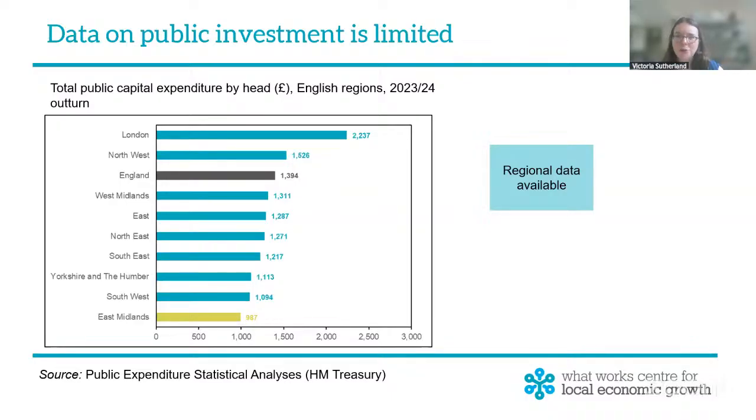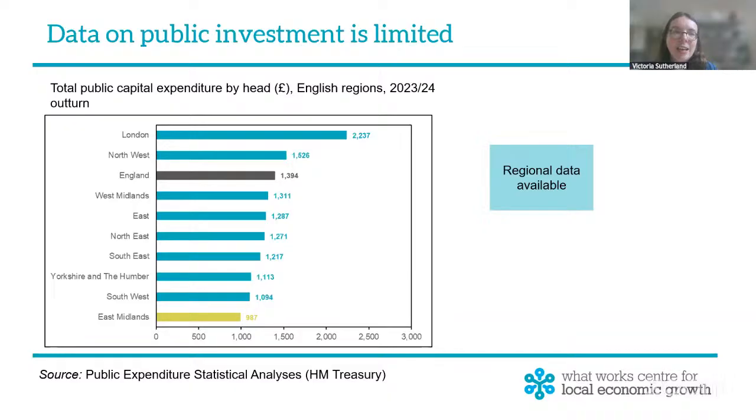Although in a minute or two, I'm going to talk about why I'm not necessarily sure that's a complete disaster. So we have various data sets, but I fundamentally feel that none of them really answer the question that we really have. For example, there is this great data set from Treasury called Public Expenditure Statistical Analysis.